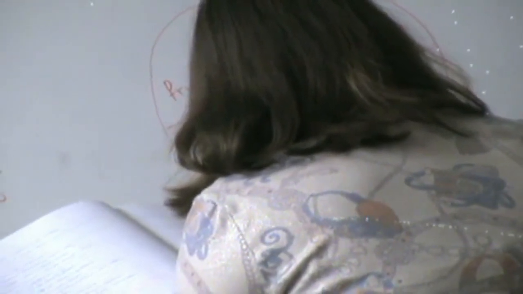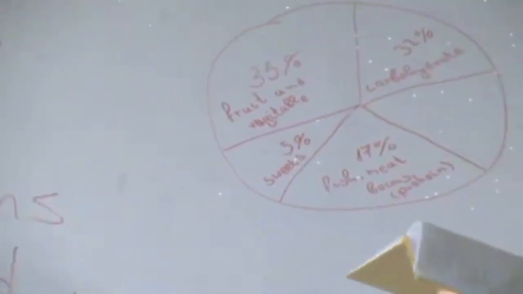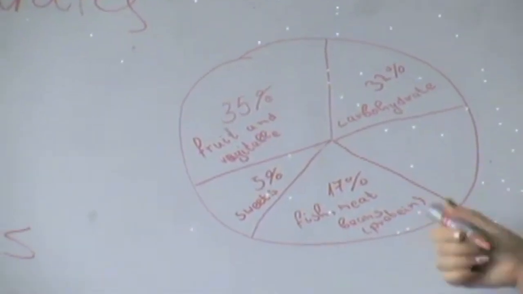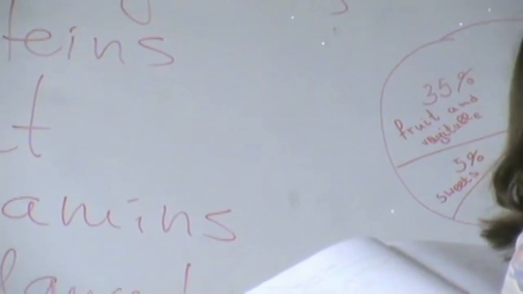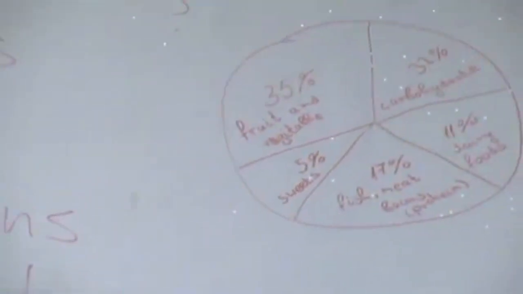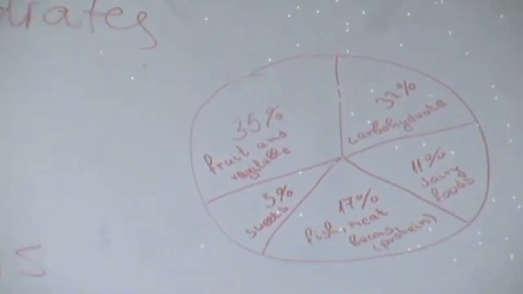Okay. For fish, meat, beans, that are proteins. Okay. And 11% of dairy. Okay, so this is a good example.